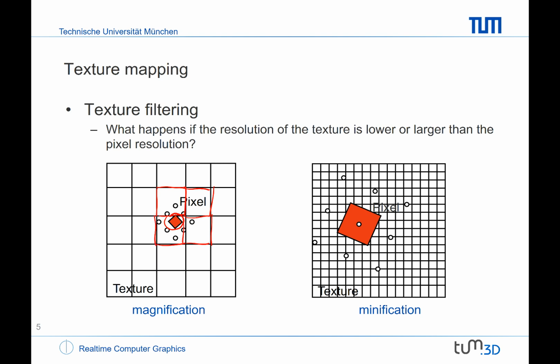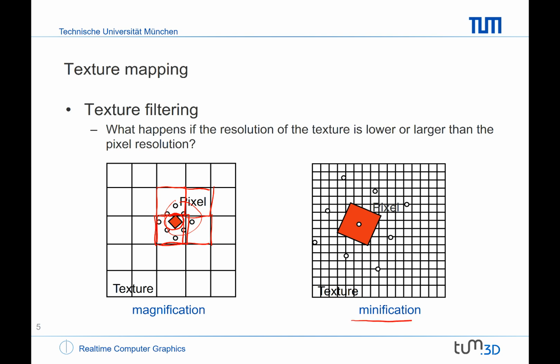Which of the texel colors should be assigned to the surface point that is seen through that red pixel? Should it be a combination of all the texel values here, or should we only assign the value of one texel to that pixel? That is essentially telling us immediately the 2 options we have in that magnification situation.